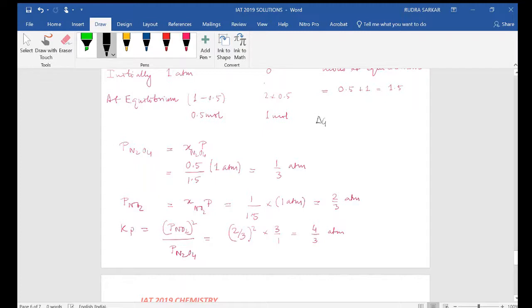So when we want to calculate delta G, we have to remember that it is minus RT ln KP, or that will be what?